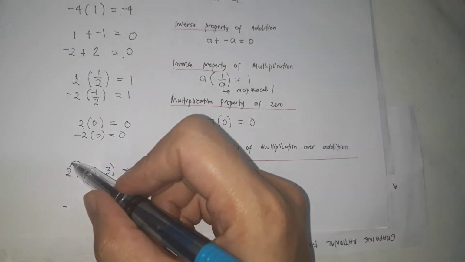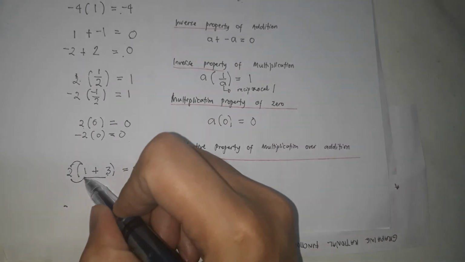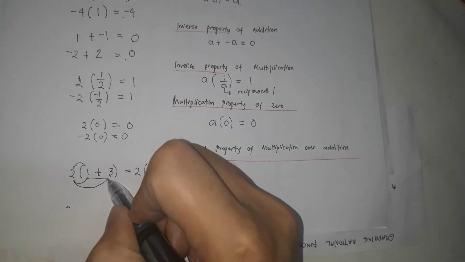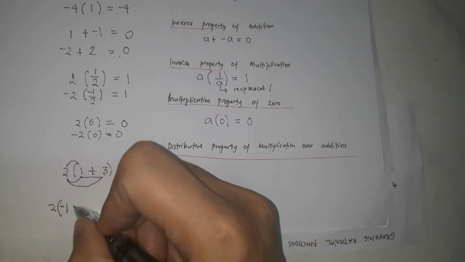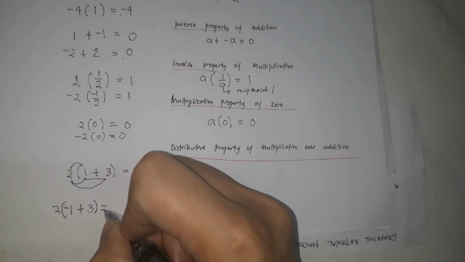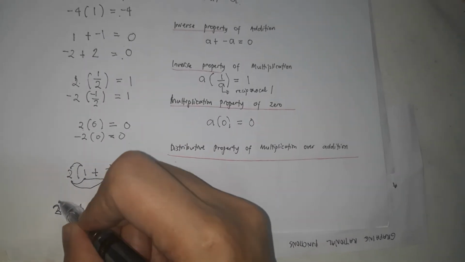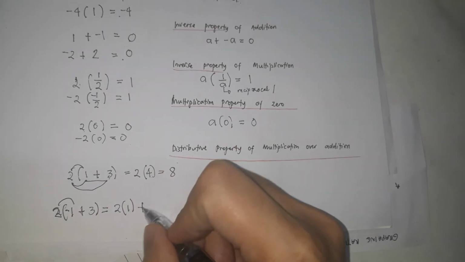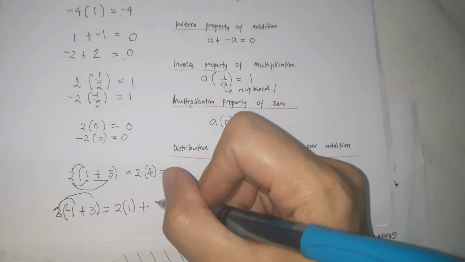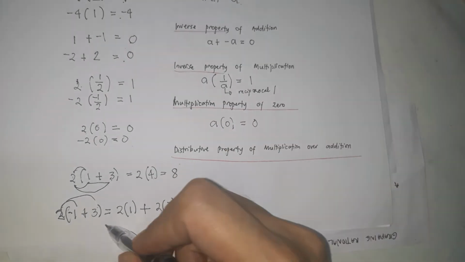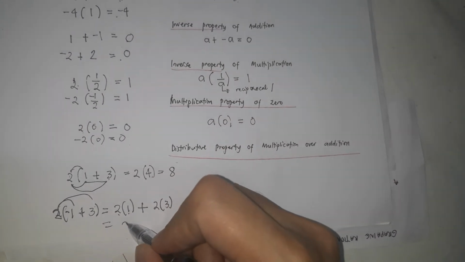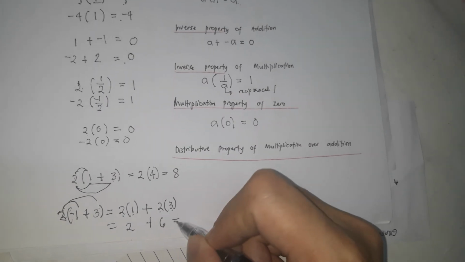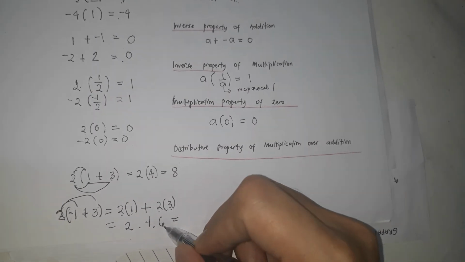What if we're going to distribute? Ibig sabihin, ang 2 i-times mo sa 1 muna, tapos i-plus mo sa result ng 2 times 3. Is 2 times 1 plus 3 equal to 2 times 1 plus 2 times 3? So 2 times 1 is 2, plus 2 times 3 is 6. 2 plus 6 is equal to 8.